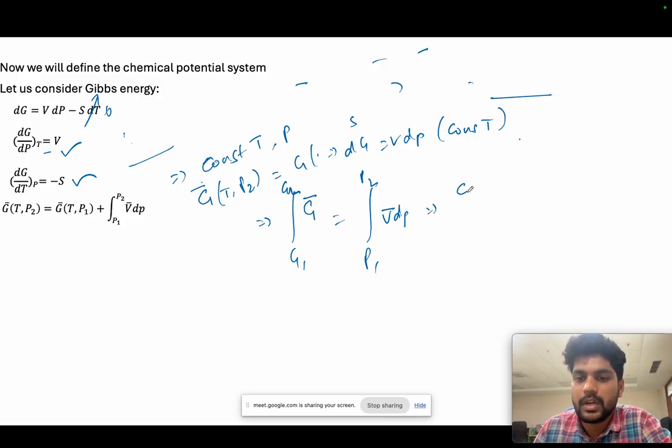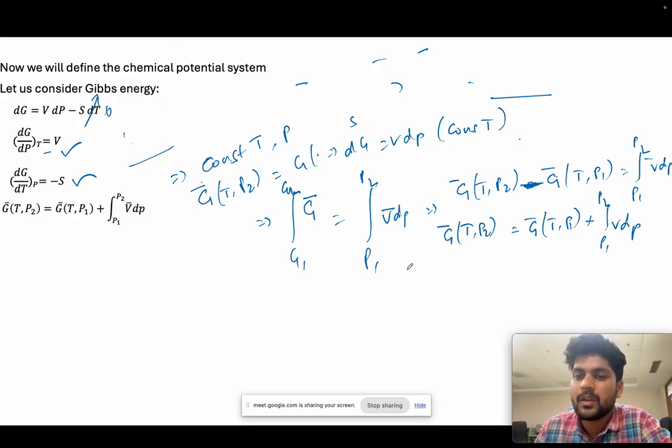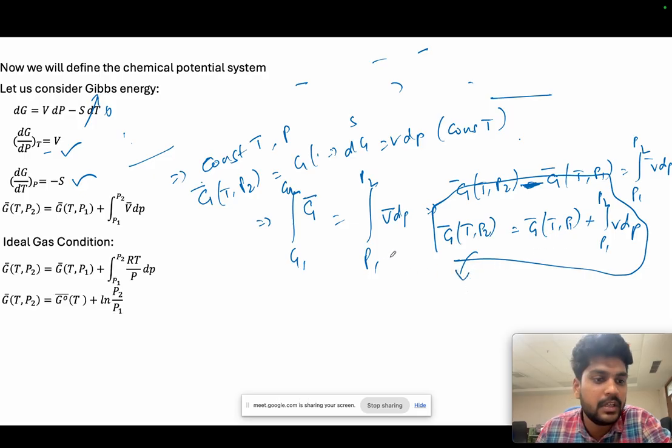So basically this is the Gibbs energy at P2 minus that at P1. Okay, so this is the basic equation. You need to point out the second position, this is the one, and I am removing all of this.